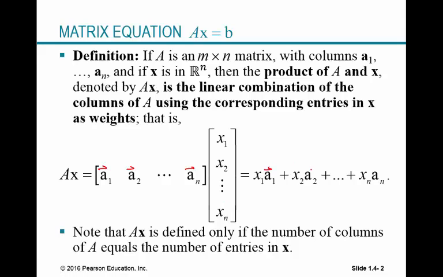So you're essentially writing out a linear combination. When we say linear combination, we have to think of addition or subtraction and scalar multiplication. So you have a vector, you scale it, and you add it to the next vector scaled, and the next vector scaled. So that whole idea of scaling a vector, when we say we scale a vector, we're multiplying it by some scalar, and that's what they mean by weights.